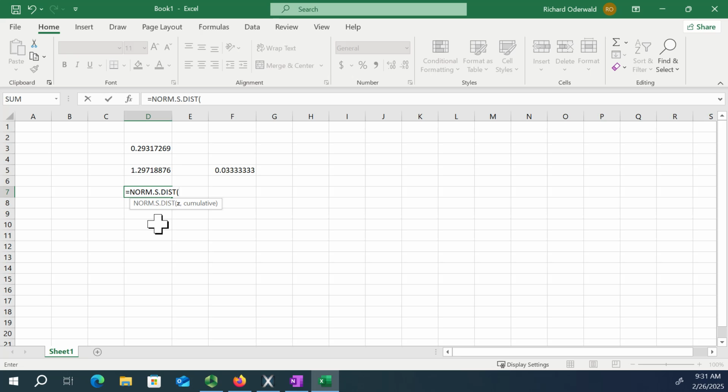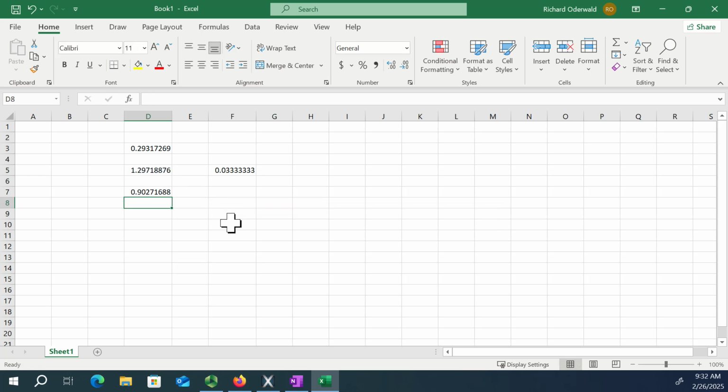Now I've got a mean and a standard deviation, but they're 0 and 1, so I don't have to put them in. It's the standard normal. And if I do 1.29, 1.3, and it's always cumulative, this score is in the 90th percentile.